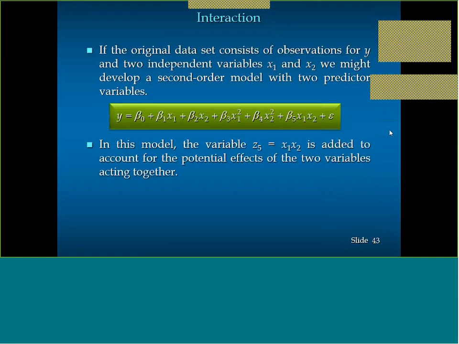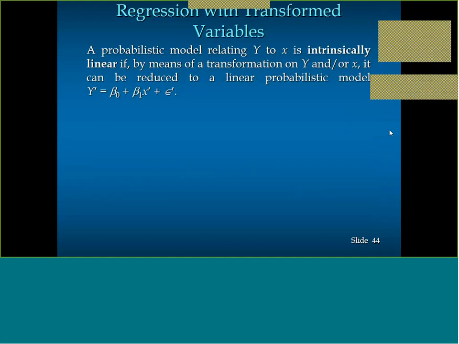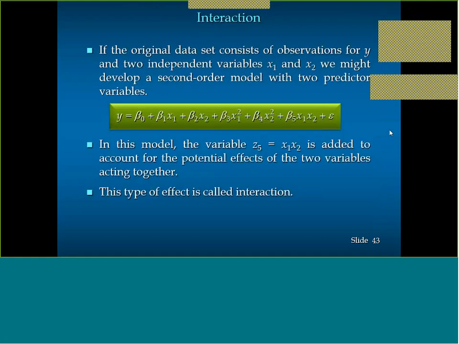Then we have a multiple linear regression model y equal to beta naught plus beta 1 z1, z1 is x1, beta 2 z2, z2 is x2, beta 3 z3, z3 is x1 square, beta 4 z4, z4 is x2 square, beta 5 z5, z5 is x1 x2. So it can be treated as a multiple linear regression model with 5 independent variables z1 to z5. Right? So in this way, you can write like this.